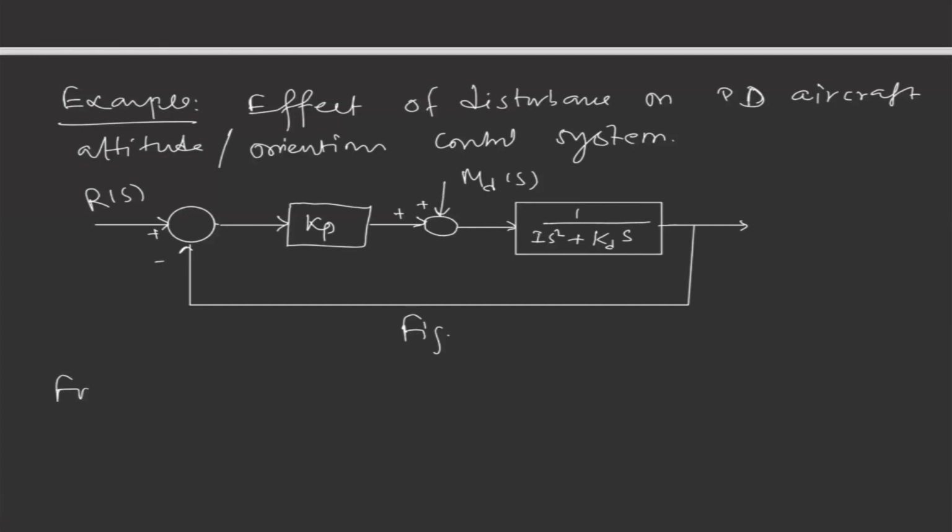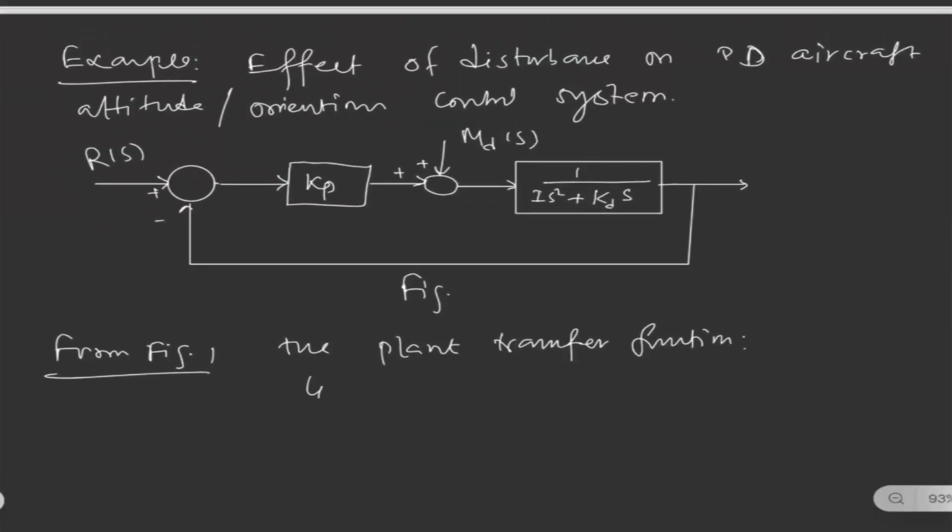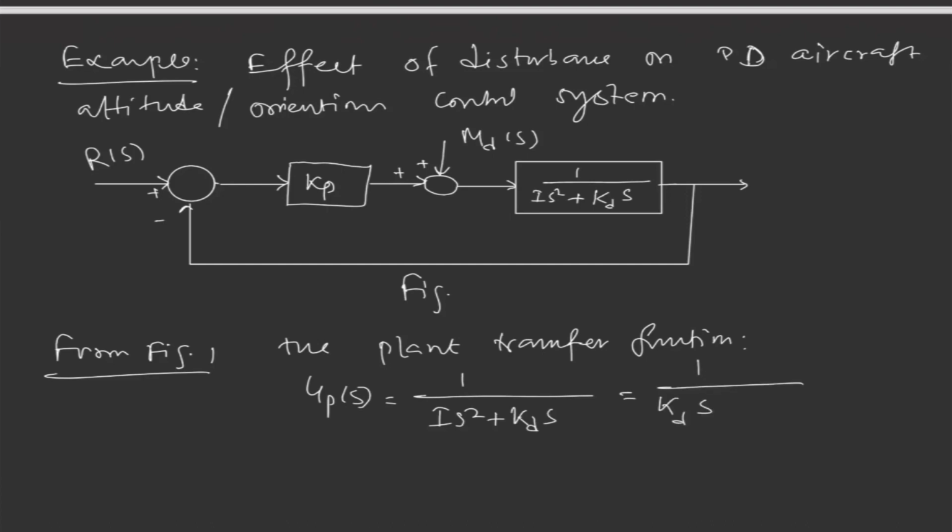From figure 1, we can write the plant transfer function GP of S equal to 1 upon I S squared plus KD S, or, if we take S KD common, we can write it as 1 upon KD S times (I S over KD plus 1).